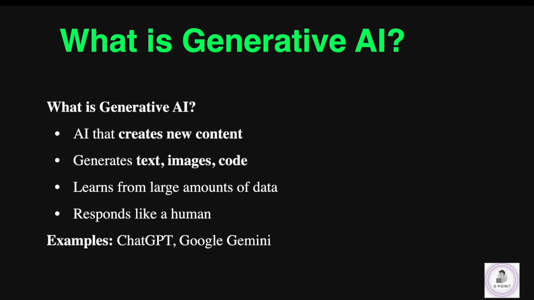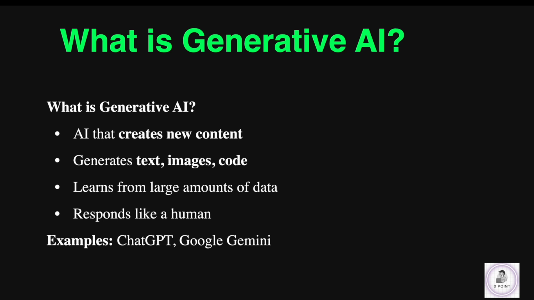Generative AI basically means AI can now create new content, and can generate text, images, and code. Internally, we provide a large amount of data, our AI model is trained on that, and then when I ask anything of the AI agent, it responds like a human, providing a better result for our queries.